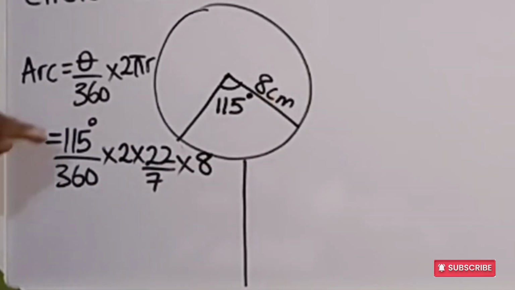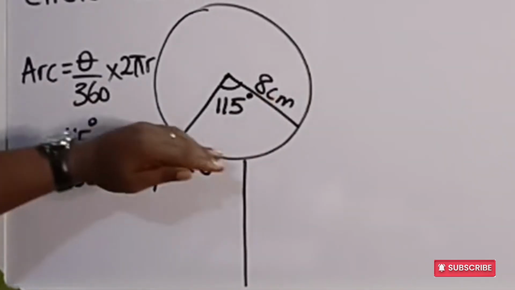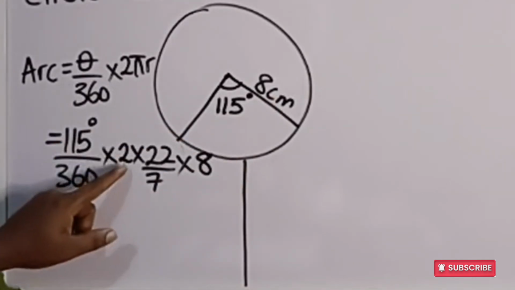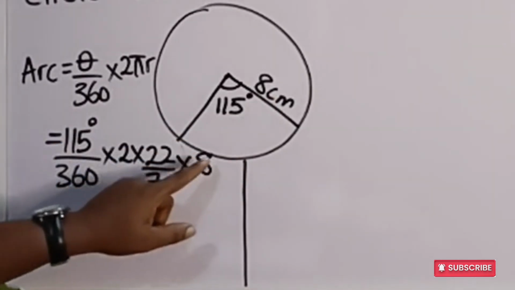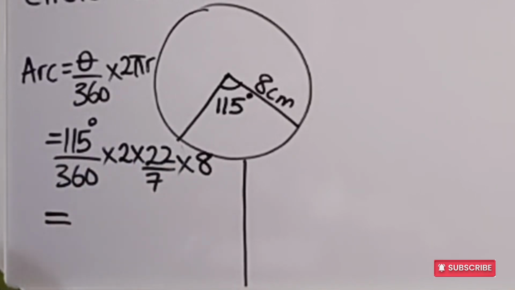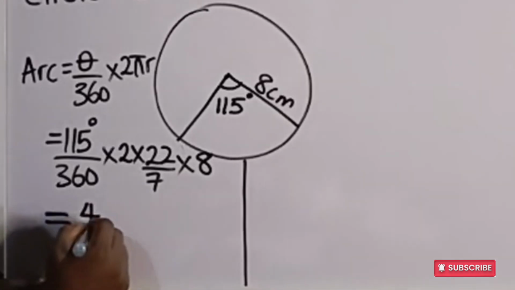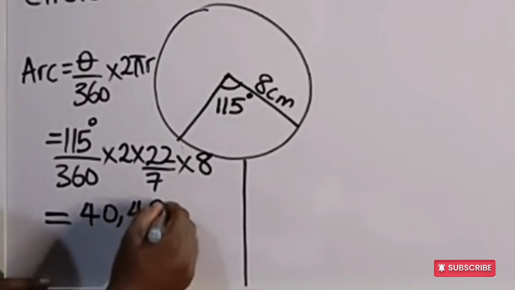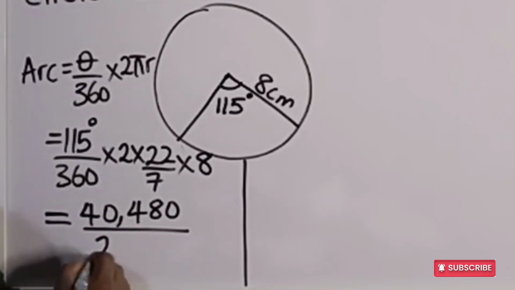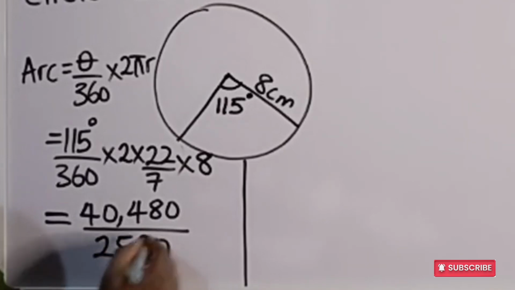So what you're going to do is multiply all this numerator together. 115 multiplied by 2 multiplied by 22 multiplied by 8. What will you get? 40,480. So 360 multiplied by 7, 2,520. Okay.